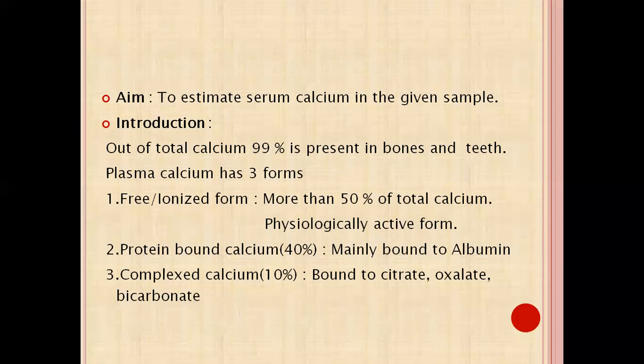The free form is more than 50% of total calcium, and it is the active form. The protein bound calcium is mainly bound to albumin, and complex calcium is bound to citrate, oxalate, and bicarbonate in our body. So this is the introduction about the serum calcium.